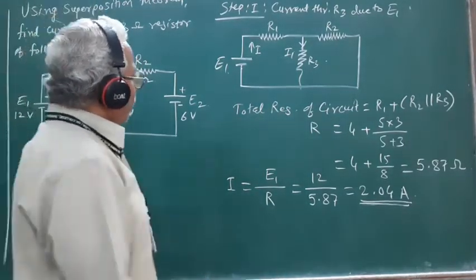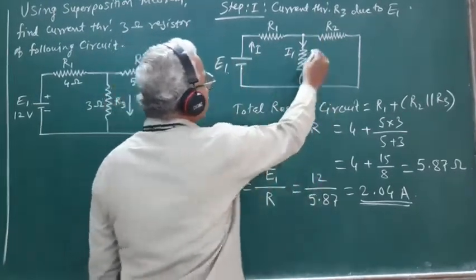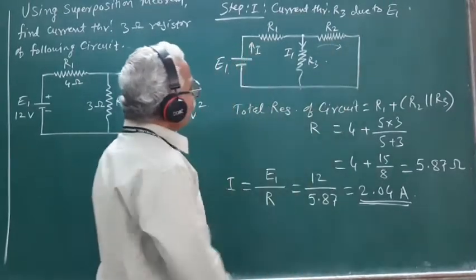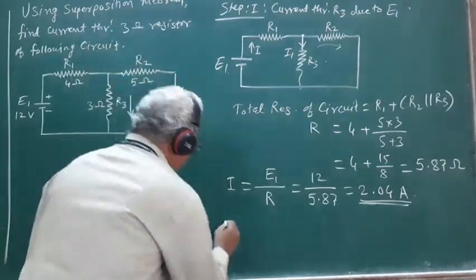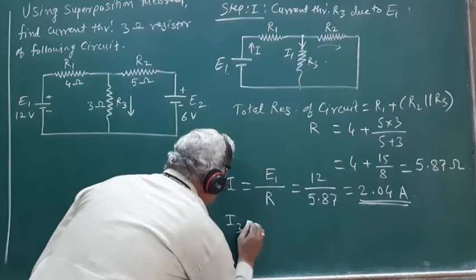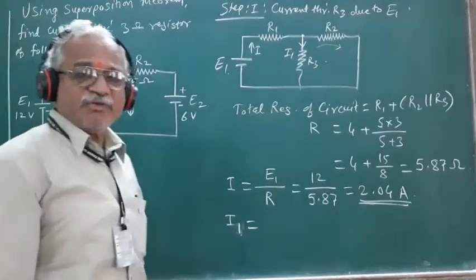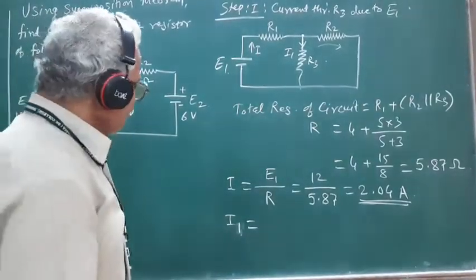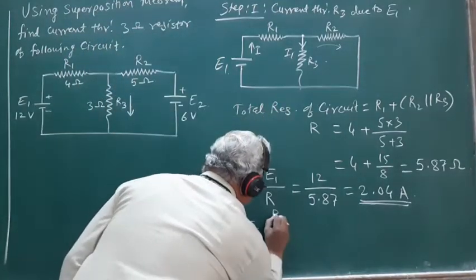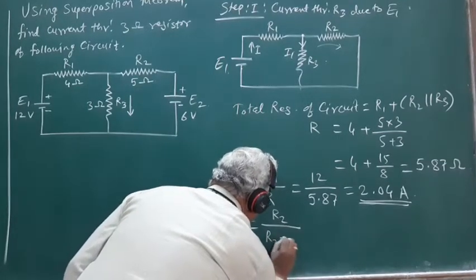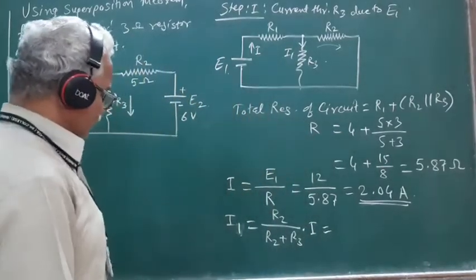Now, when this total current I arrives at this junction, a certain part of the current flows through the resistance R2 and the part I1 flows through R3. So the fraction of the current flowing through the resistance R3 is obtained by using the current division formula. We have seen the current division formula is given by I1 is equal to R2 upon R2 plus R3 into the total current I sent by the source.